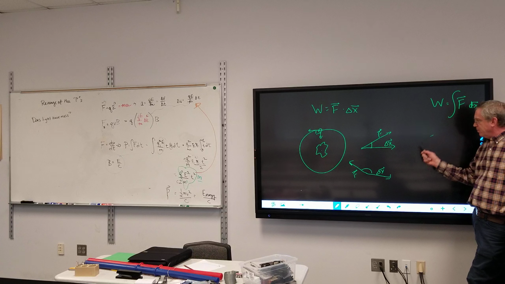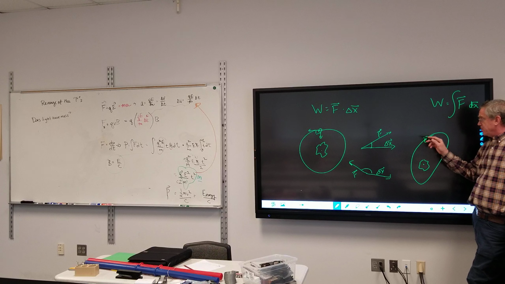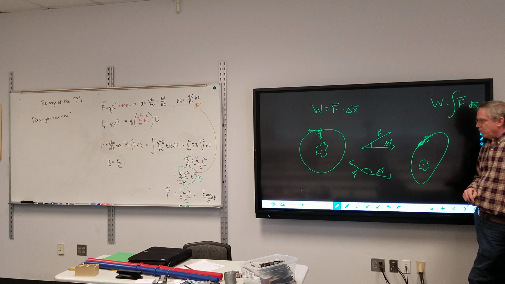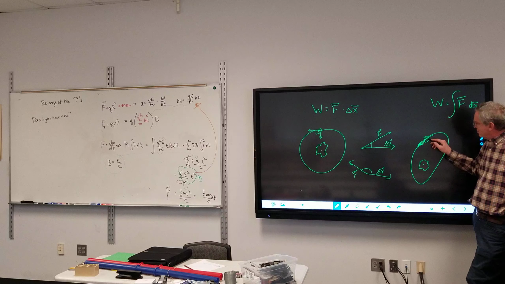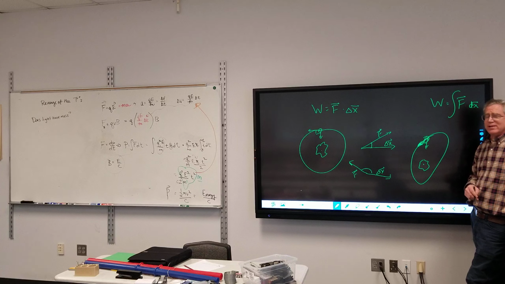So if we're dealing with an elliptical orbit, it's a horrible ellipse, and there's the sun there. The direction of the instantaneous displacement is that way. What is the direction of the force? Still towards the sun. That angle right there is less than 90 degrees.